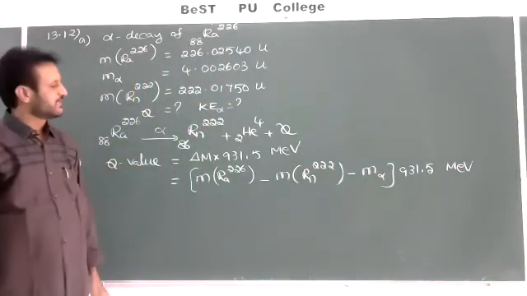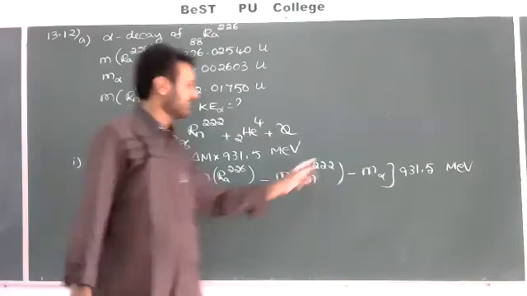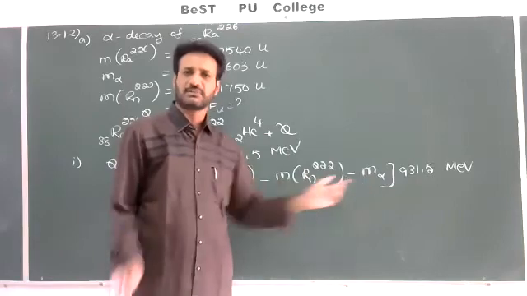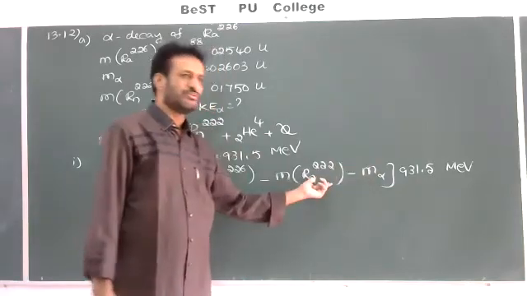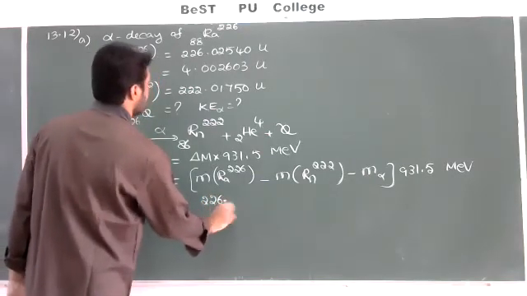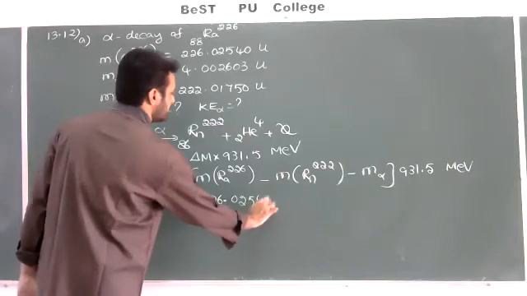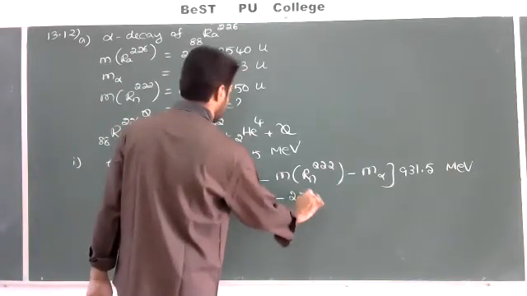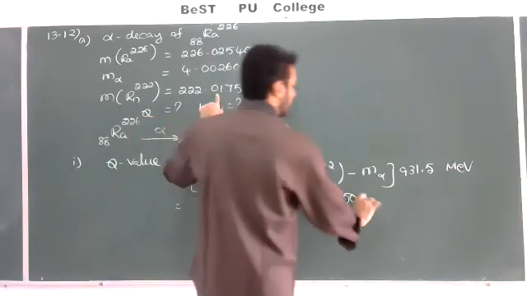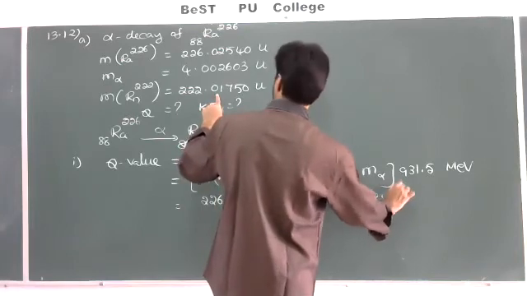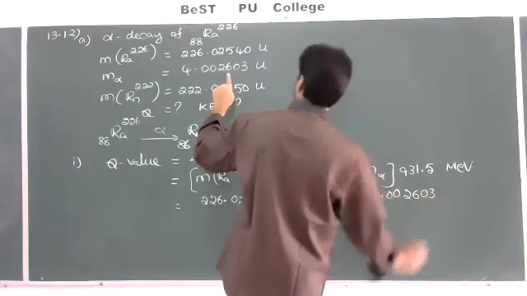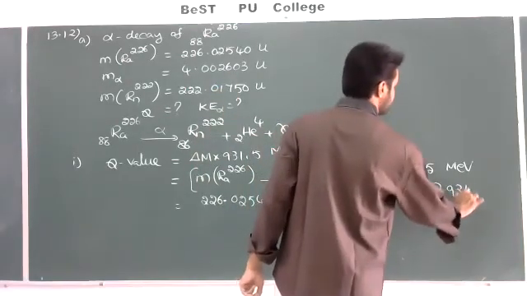If you open a bracket, you should add the mass of the radon plus the mass of the alpha particle, both are products. After adding these two, we subtract from this one. That is equal to 226.02540 minus 222.01750 minus the alpha particle 4.002603, into 931.5.